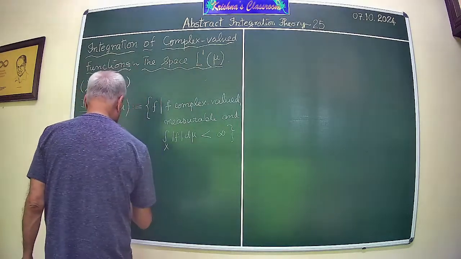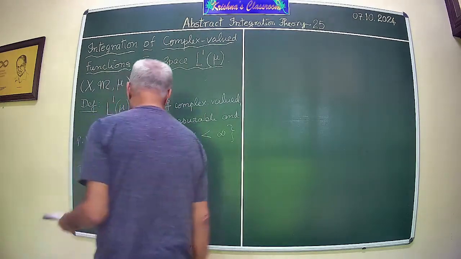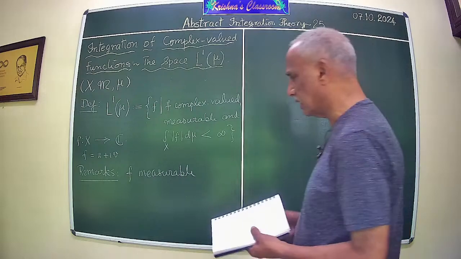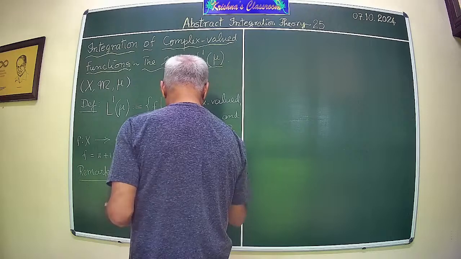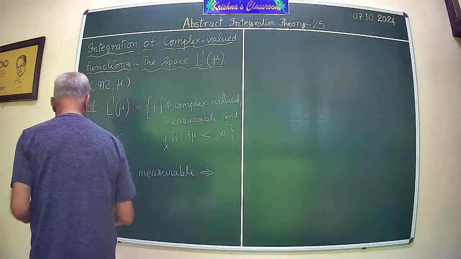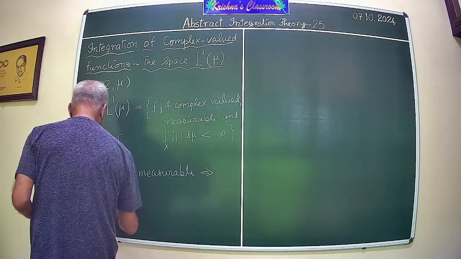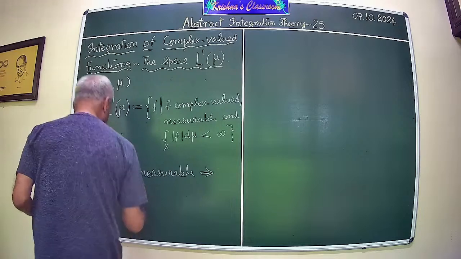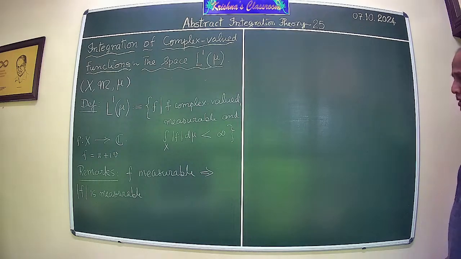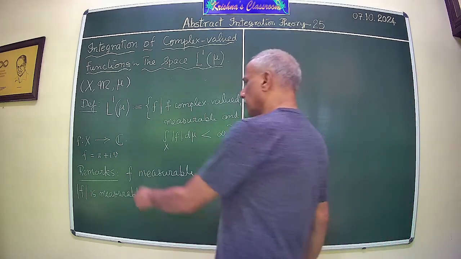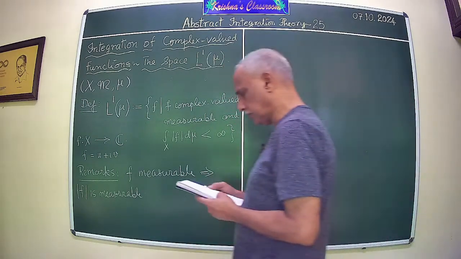First remark: if f is a complex measurable function, as we have earlier seen, f has real and imaginary parts, both real valued functions, and f is measurable if and only if both u and v are measurable real valued functions.